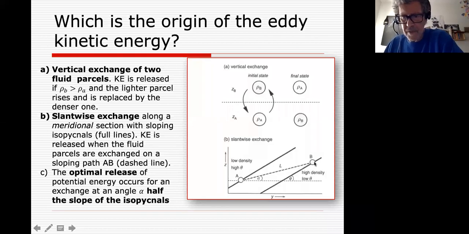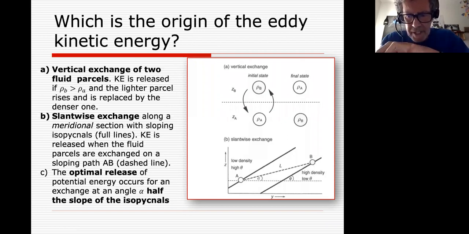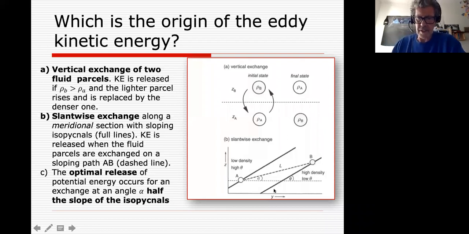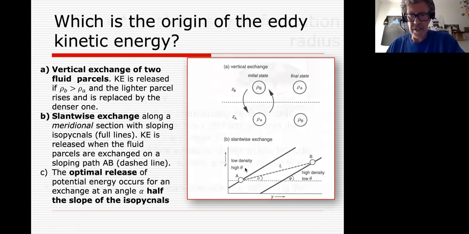When you move the water parcel there, you have created an increase of potential energy. And this potential energy is due to the fact that we have a lighter water parcel at the high density isopycnal and vice versa, a high density water parcel in a low density isopycnal.